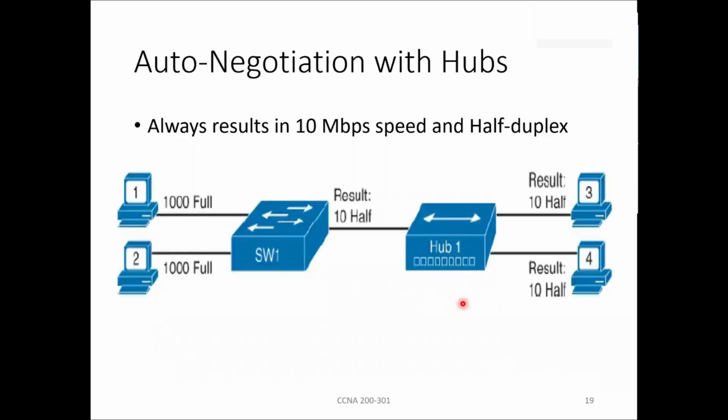But if you have a hub, let's say the hub only supports 10 Mbps speed, but the switch supports 1 GB or 1000 Mbps full speed. If you connect a hub, it only supports half duplex. So even if your switch supports 1 GB speed, because of the hub, it supports only 10 Mbps and half duplex.